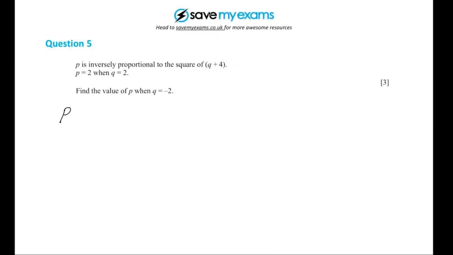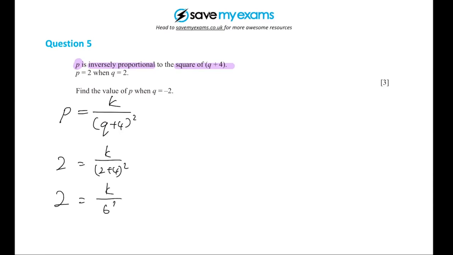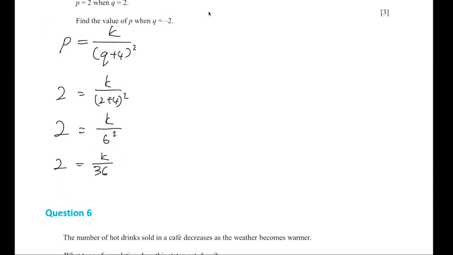Too much question. P is inversely proportional to the square of this. P is 2 when Q is 2. Now you need to rewrite because he asks us to find the value of P when Q is equal to -2.